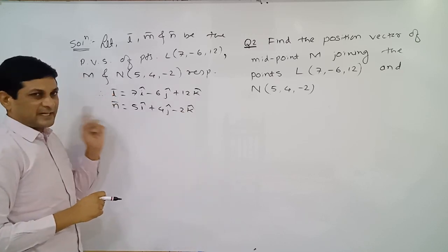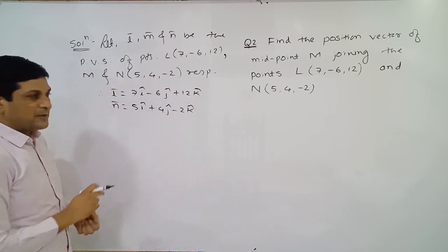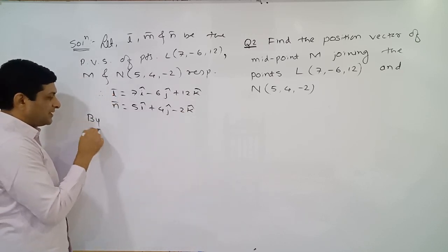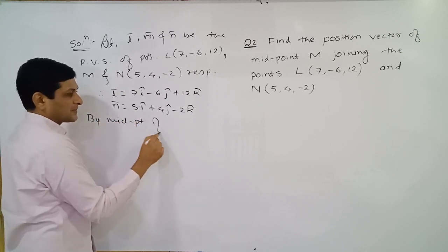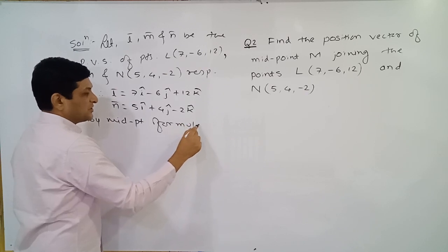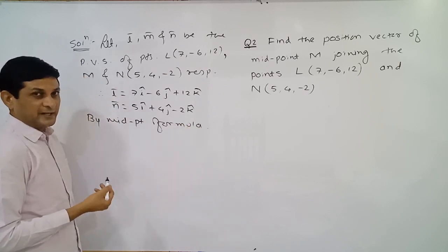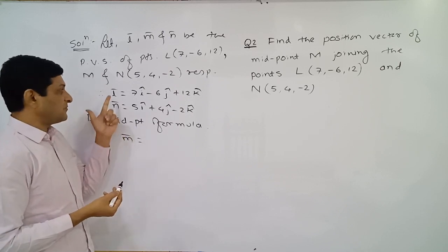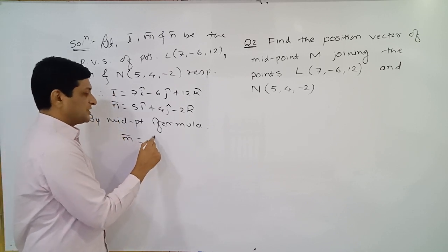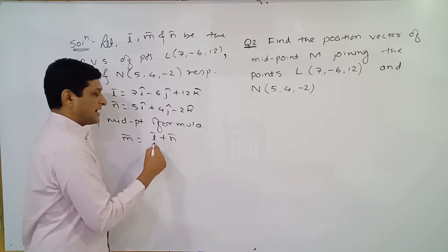Once the position vectors are known to us, now we apply the midpoint formula. Which is the midpoint here? M is the midpoint. So according to the midpoint formula, M bar will be equal to, since it is the midpoint of segment LN, L bar plus N bar upon 2.